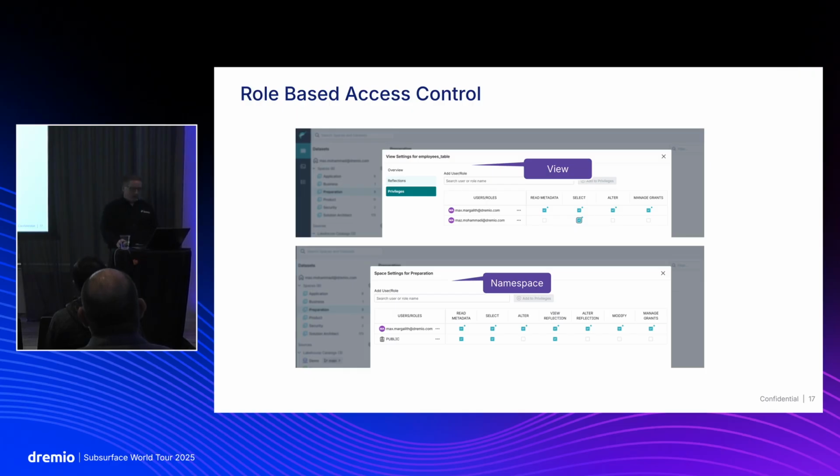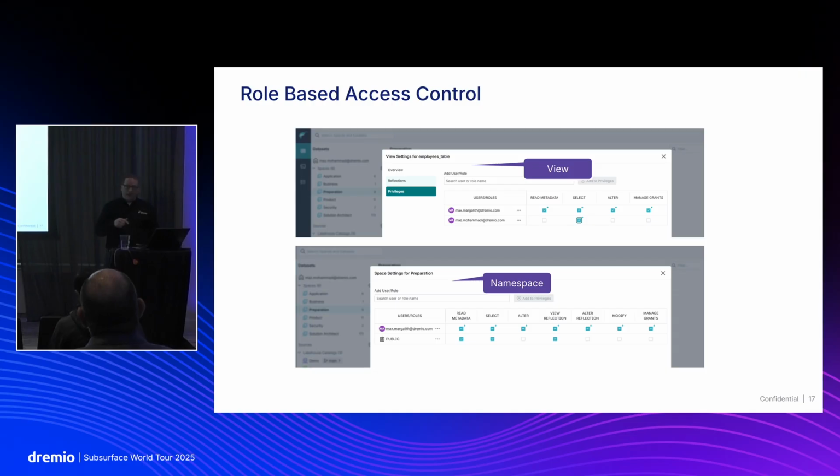So best practices, some important notes I did want to mention about security: in order to be able to affect security and change, say, grants on a particular namespace, you have to have the manage grants privilege as part of your role or your user in order to modify these.